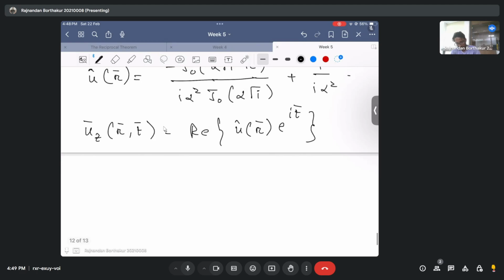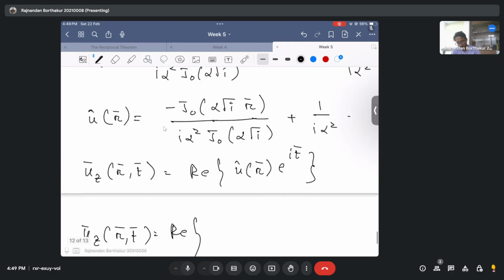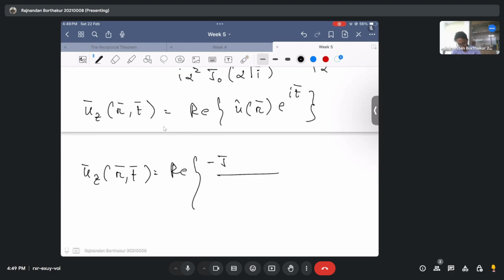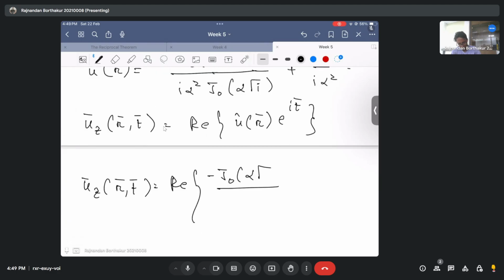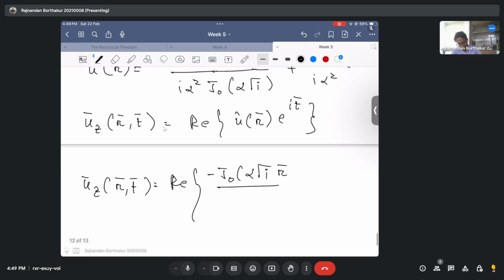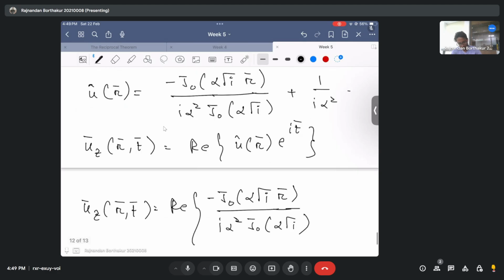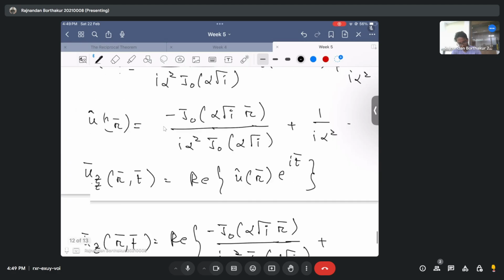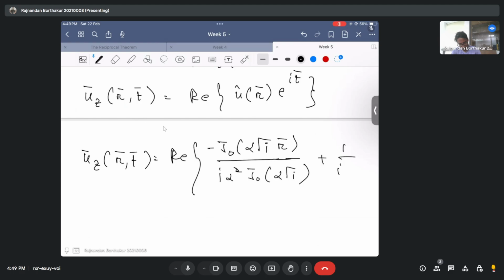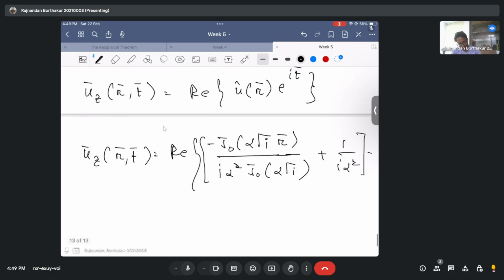So the total solution is the real part of minus J0 of alpha root i times r bar, by i alpha squared J0 of alpha root i, plus 1 by i alpha squared, multiplied with e power i t bar.